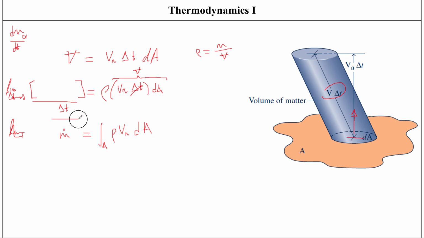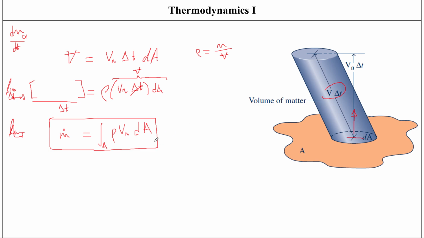So this is the equation for mass flow rate in terms of an integral, and this can be applied at the inlets and the exits to account for the mass flow rates into and out of the control volume.